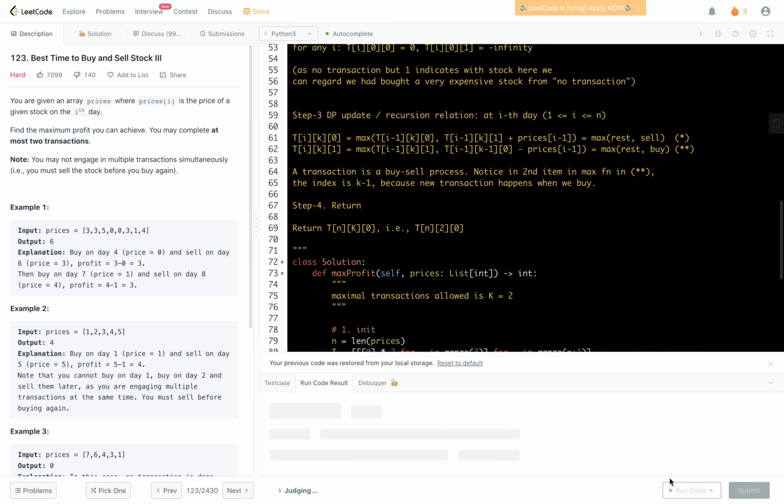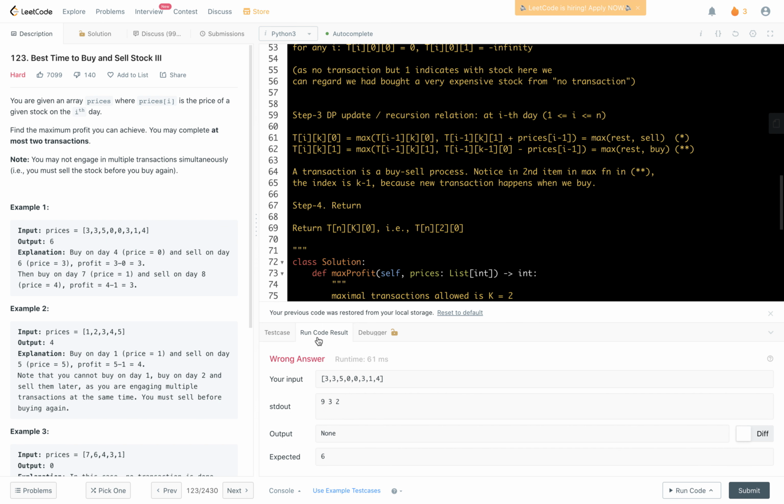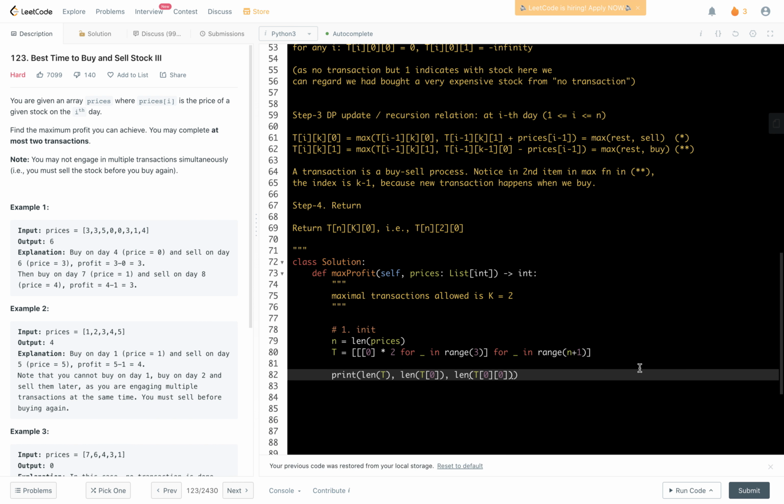Let's print this. In this example we have 8, this is the length, so 8 plus 1 is 9, right? We have k equals 2, so k plus 1 is 3, so we have 2. That's right. With that done, let's delete this part.